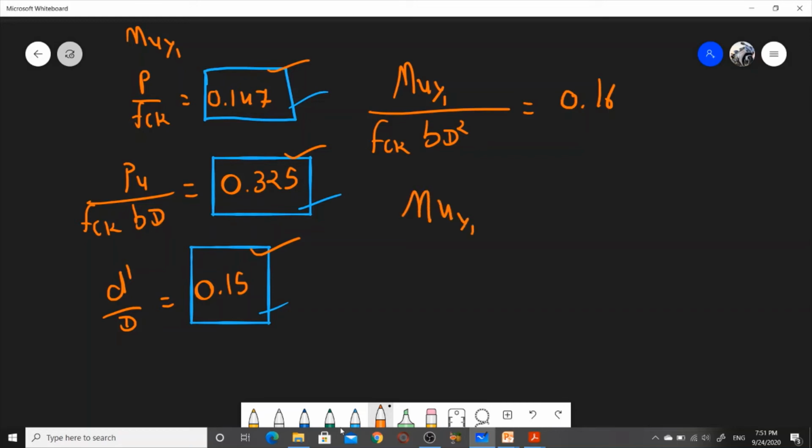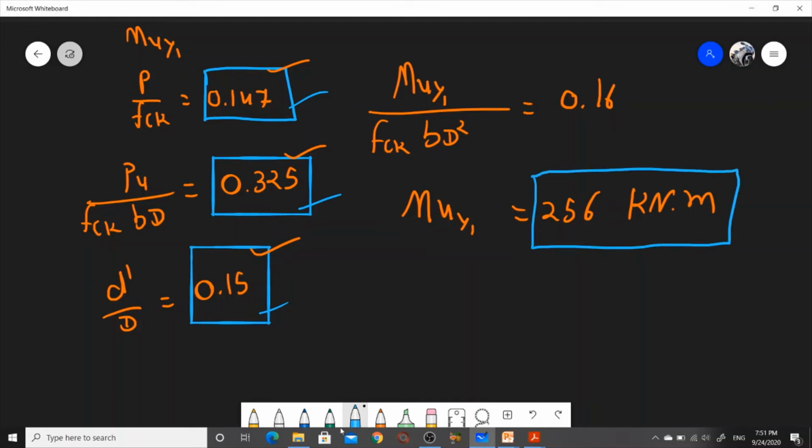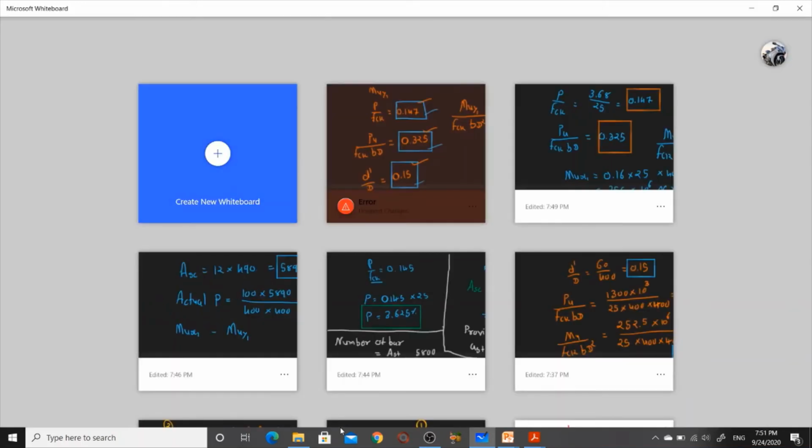So MUY1 value is 256 kilonewton meter. Here is the value. Now we will find out PUZ.